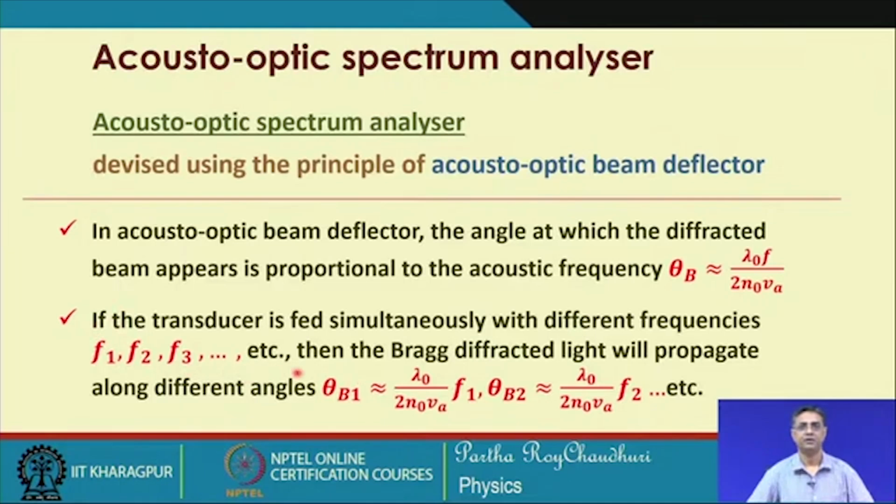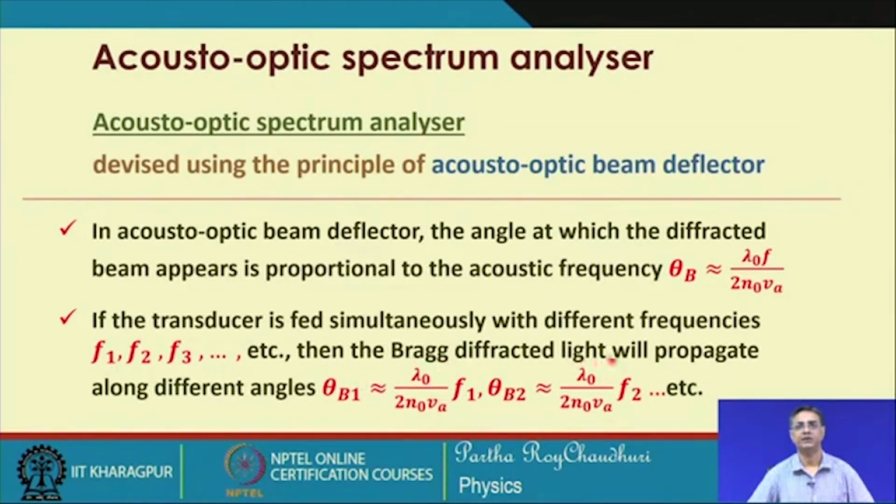It is now very obvious that we have seen that this Bragg angle condition is proportional to the frequency of the acoustic wave. For example, if you have acoustic frequencies f 1, f 2, f 3, then for these three frequencies the Bragg angle theta b 1 is equal to some constant, which is all known parameters, times f 1, f 2, etc. So, that means if you have different frequencies, the Bragg angle condition will be different.